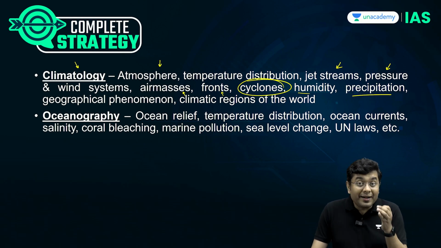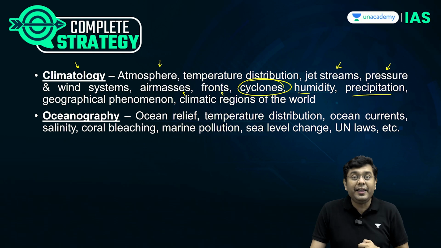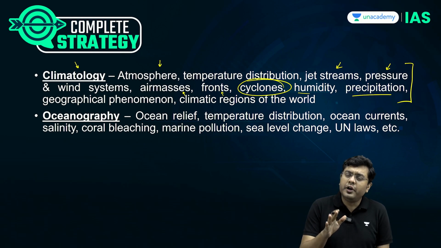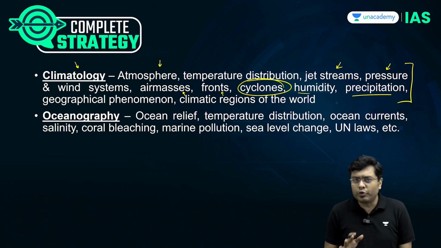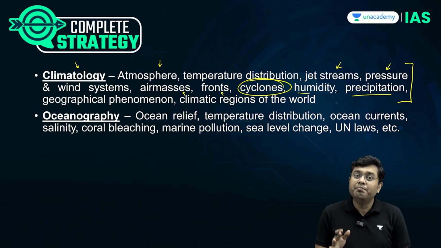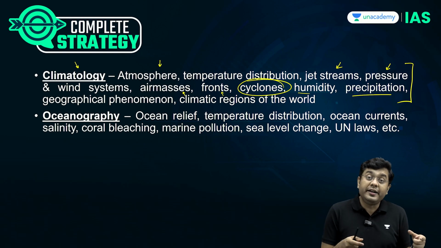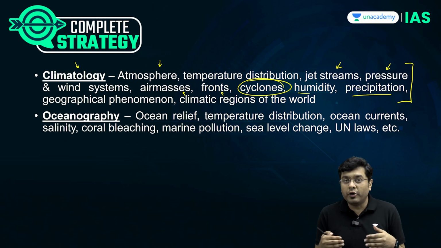So again, a detailed understanding and reading of the content is very important. Every year, this is one of the scoring areas that UPSC throws at you. And you have to maximize it, and that will happen only if you are able to interrelate it. Interrelate not only the various chapters, but interrelate the concepts of geomorphology with the concepts of climatology as well.